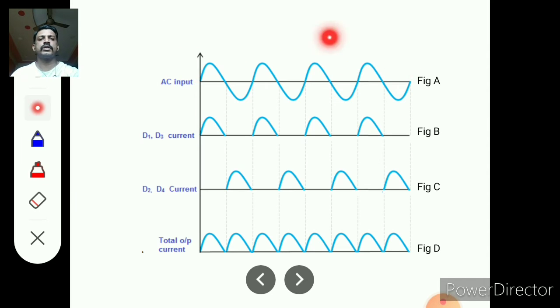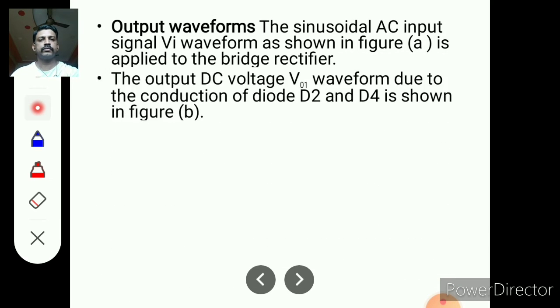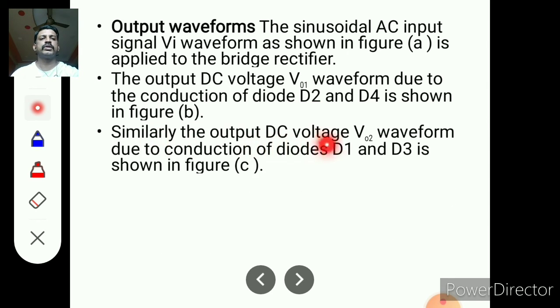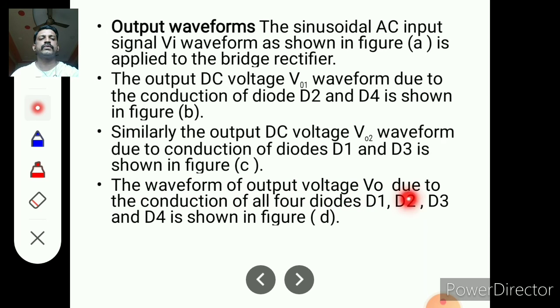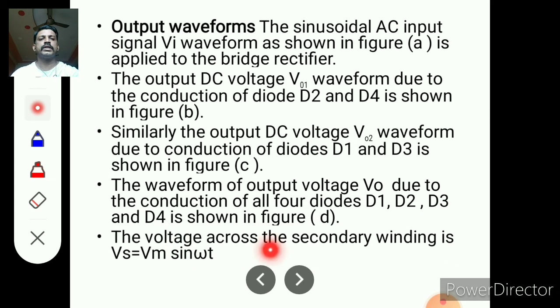This is the sinusoidal input voltage Vi shown in figure A. The output DC voltage V01 formed due to the conduction of diodes D2 and D4 is shown in figure B. Similarly, the output DC voltage V02 waveform due to the conduction of diodes D1 and D3 is shown in figure C. The waveform of output voltage V0 due to the conduction of all four diodes D1, D2, D3 and D4 is shown in figure D. The voltage across the secondary winding is Vs equal to Vm sin omega t.